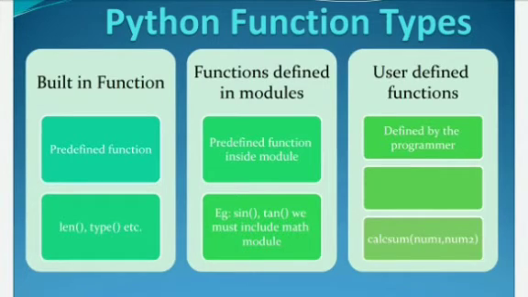Functions defined in modules: suppose we want to use sin, tan, cos, then these functions are in the math module. We have to import it, then math.sin(x) will calculate sin x. User-defined functions have to be written by the programmer.